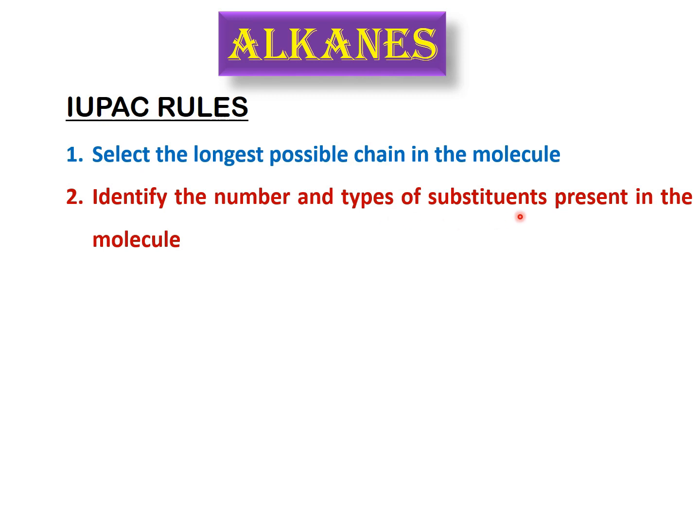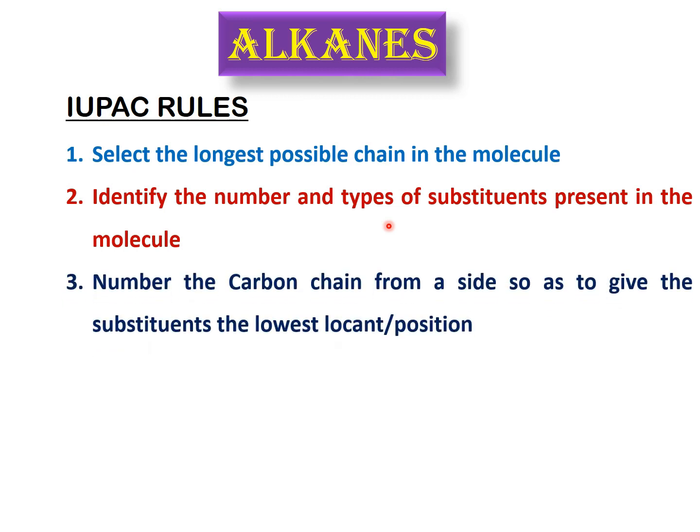So these substituents may be present at any position in the chain. It could be one substituent or it could be more than one substituent present in the chain. So you have to identify the number of substituents and the type of substituent. So you have to know how many and what substituents are present in the molecule.